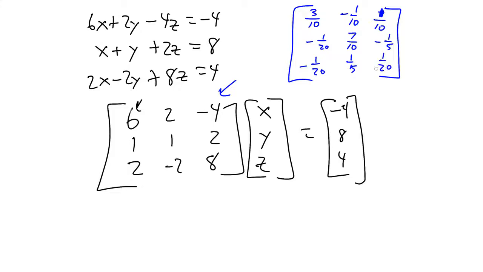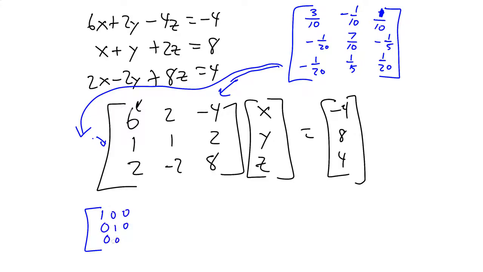1/20. That right there, ladies and gentlemen, is the inverse of this, which means if I took this blue thing and multiply this matrix by it, and that wouldn't be a bad idea to practice, so you get some confidence about this, and also do some more practice with matrix multiplication, you are going to get 1 0 0, 0 1 0, 0 0 1, which is the identity matrix. That times xyz is going to be just xyz, because you multiply anything by the identity matrix, you get the same thing back.